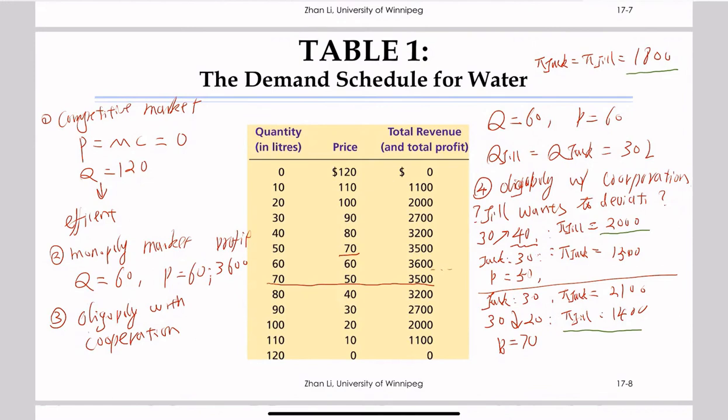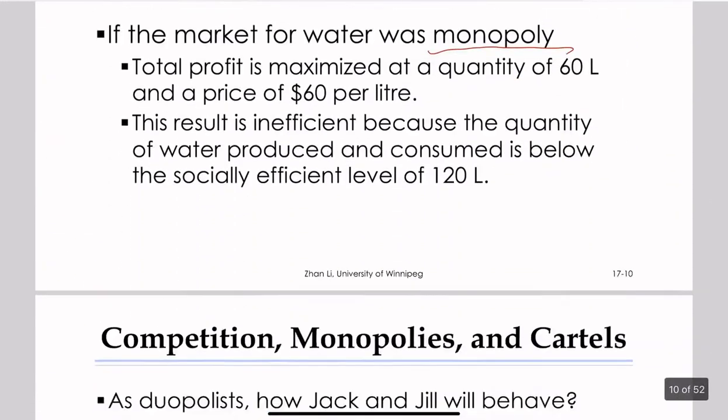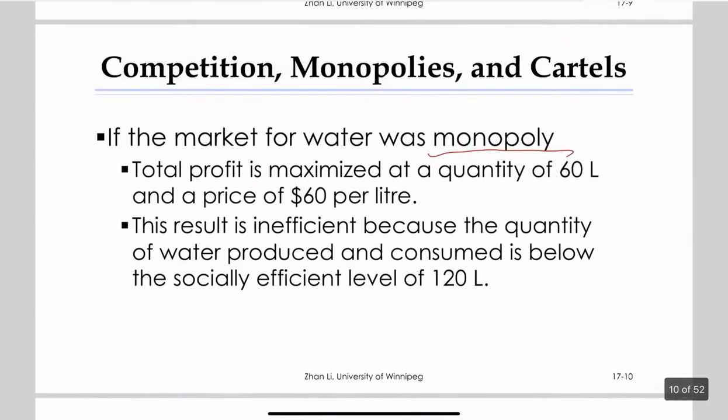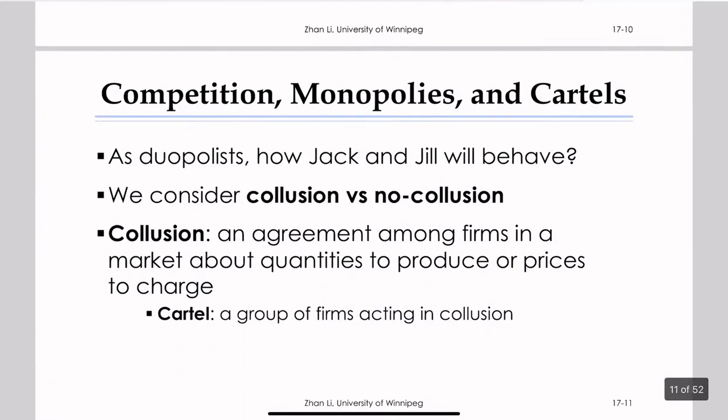So the result here is both Jack and Jill will want to deviate from producing 30 liters to 40 liters. Or you could say both Jack and Jill will want to cheat, break up their cooperation and produce more, right? So that's the result here.